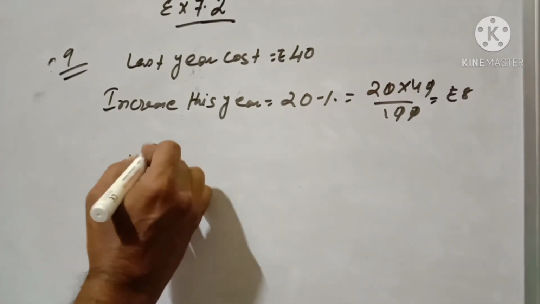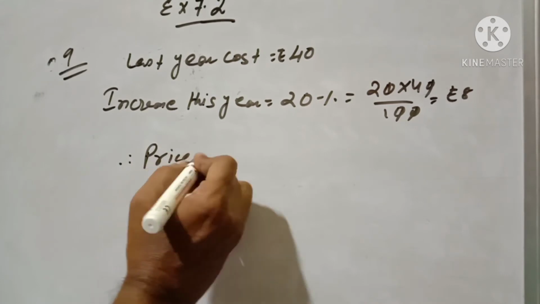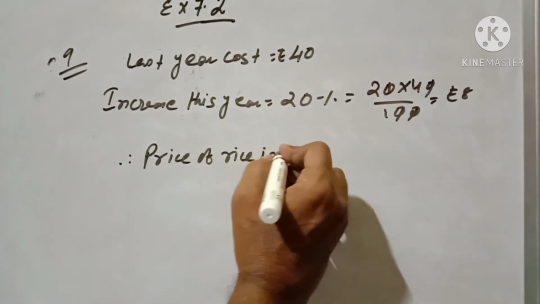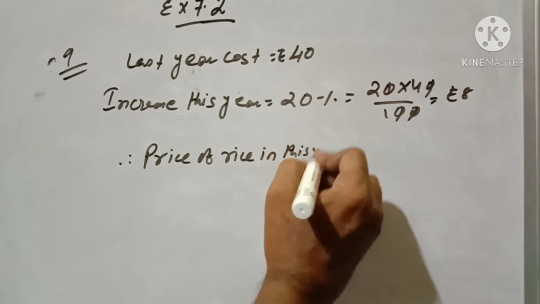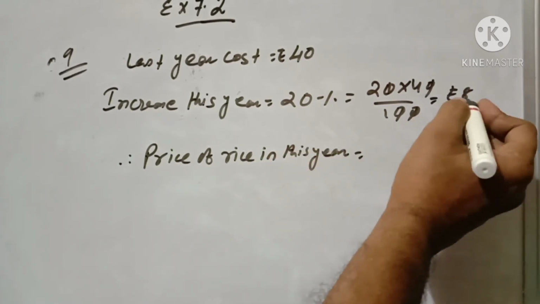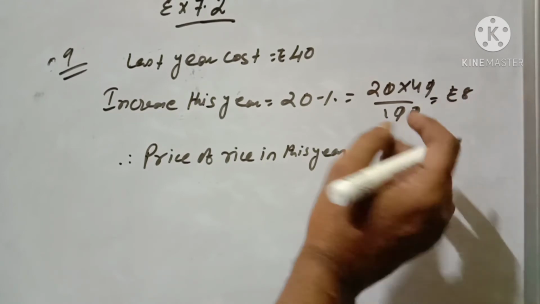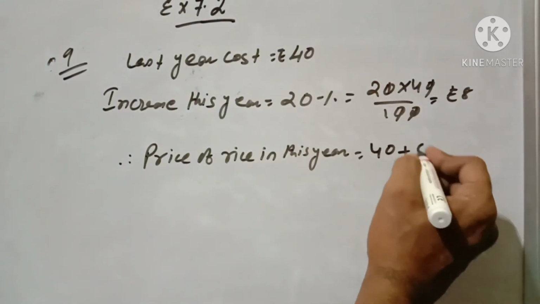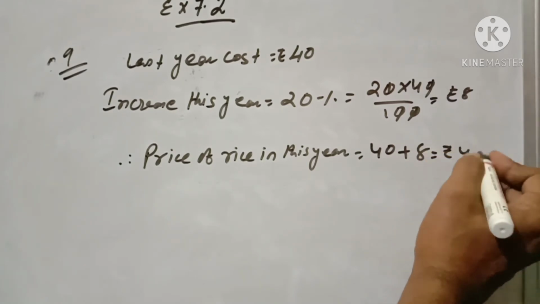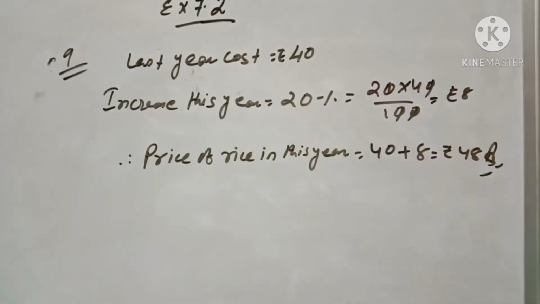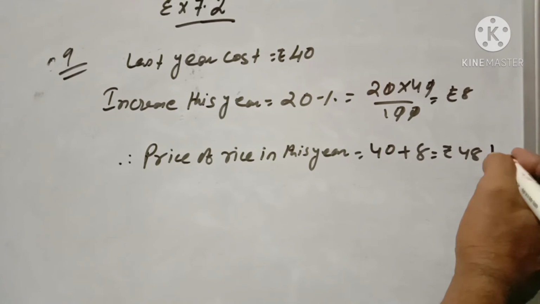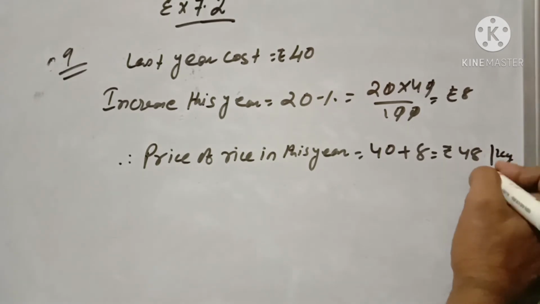Therefore, the price of rice this year equal to this amount, which has been increased, plus our previous year cost. So 40 plus 8 equal to rupees 48. This is our required answer. Write down 48 rupees per kg.